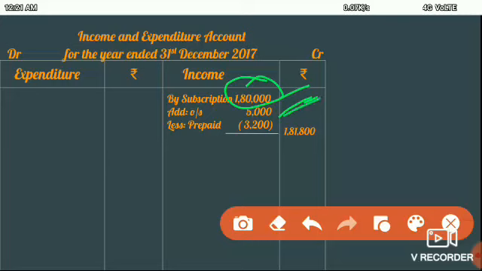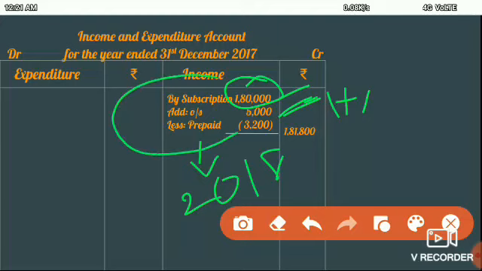So we need to add this so that we can show the actual subscription. And the prepaid amount of 3,200 is the advance for 2018, but we have received it in the current year.